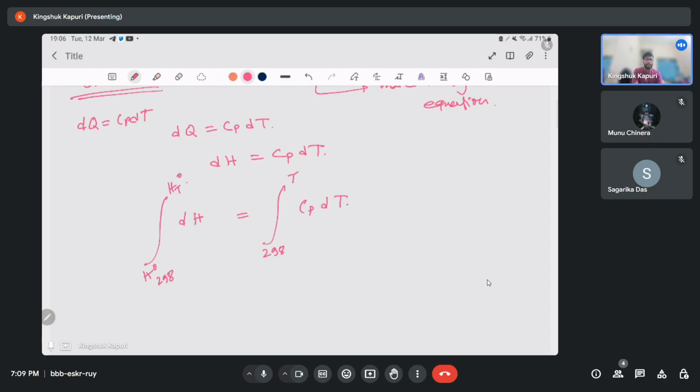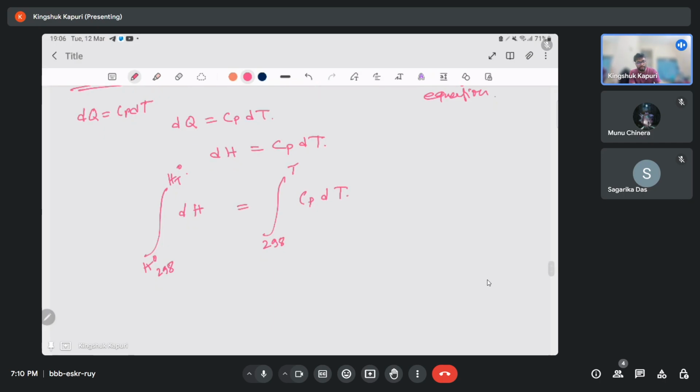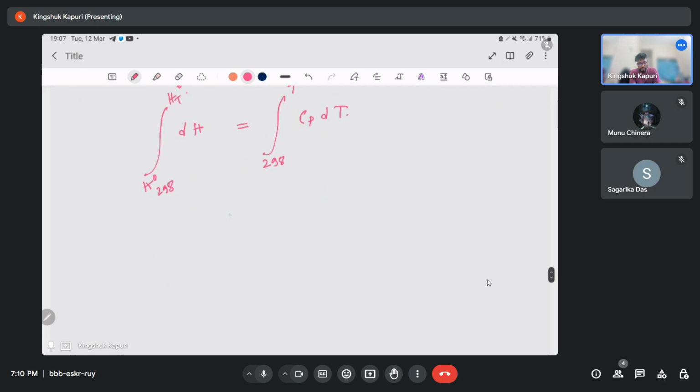Now, these are the boundary conditions: at 298 Kelvin the enthalpy will be H of 298, and for an unknown temperature the enthalpy is H of any T. From the Mayer-Kelly equation we know that Cp equals A plus BT plus C by T square.